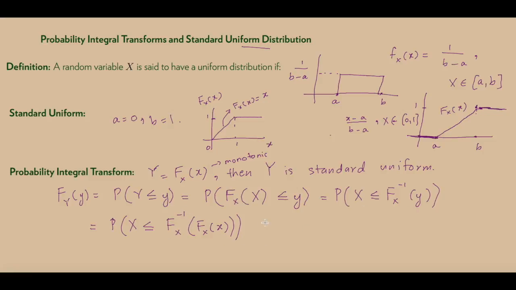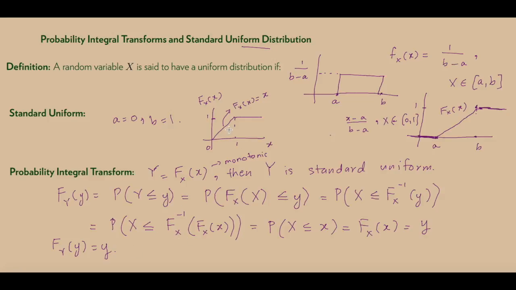So these cancel out, and we have the probability of X less than x, which is F_X of x, which is equal to y. So F_Y of y is equal to y. This is exactly what we want here.